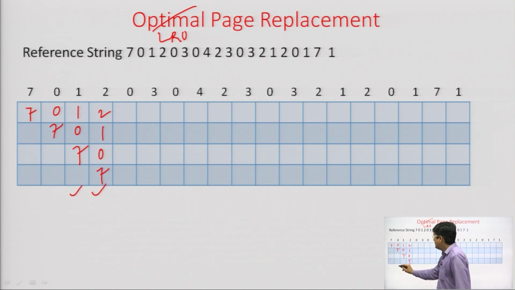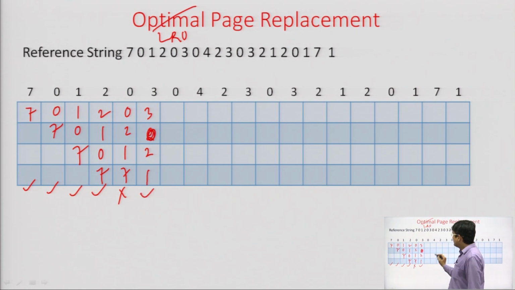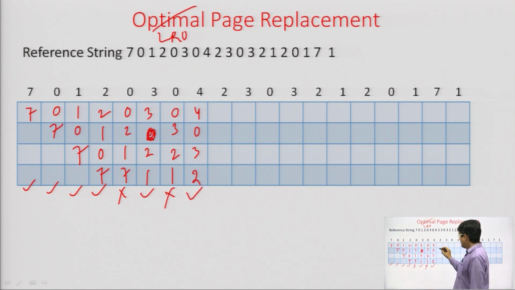So there is a page fault for all these cases. 0 is referenced and 0 is present, bring 0 on top, no page fault. 3, replace it with the oldest one, there is a page fault. 0, bring it on top. 4, replace it with 1. 2, bring it on top, no page fault. 3, bring it on top, no page fault. 0, bring it on top.